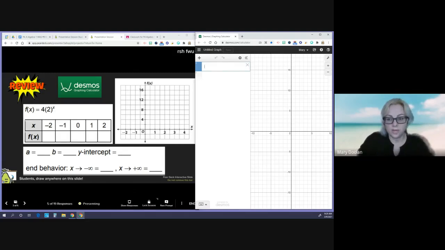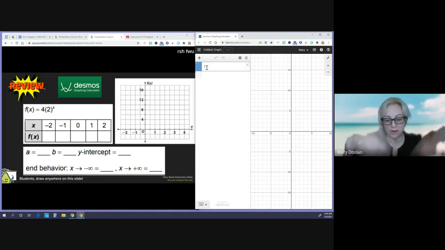All right, so that screen should have popped up. If you want to split your screen so you have the graphing calculator, the Google Meet, and your Pear Deck tab, you have 3 tabs that you need to have open.